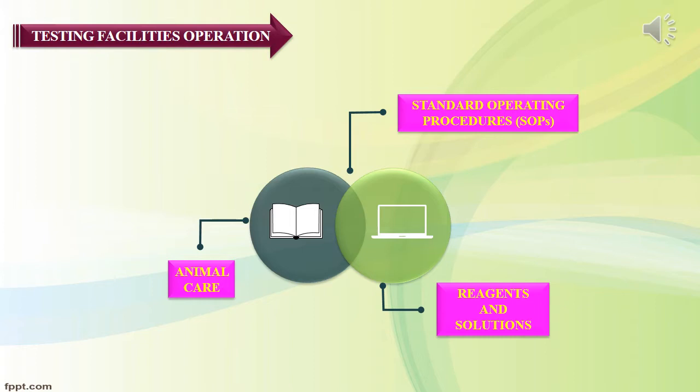First one is standard operating procedures, SOPs. Next one, reagents and solutions. Third one, animal care. These are the three parameters in operating testing facilities: SOPs, reagents and solutions, then animal care.